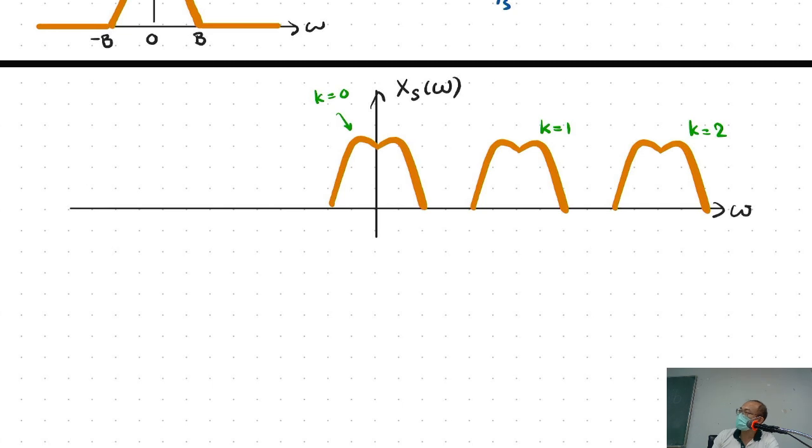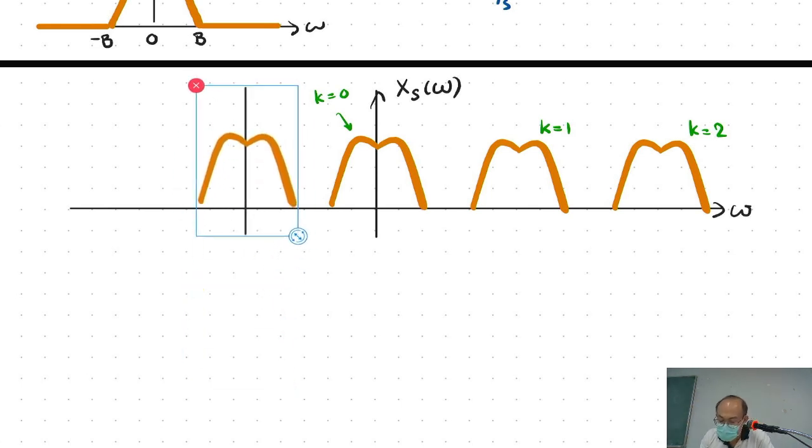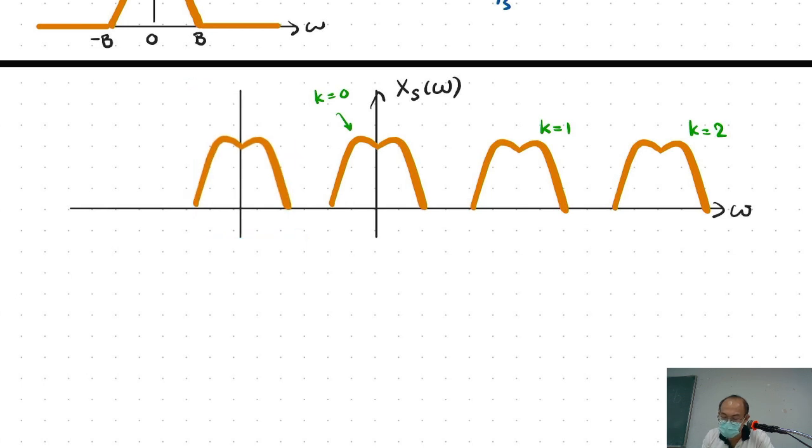Now, what about when k is negative? When k is negative 1, instead of shifting it to the right, I have to shift it to the left by the amount of omega s as well. And similarly for k equals minus 2, it is 2 times omega s.